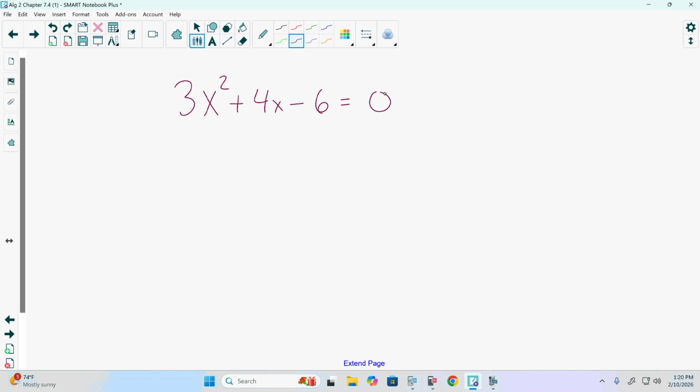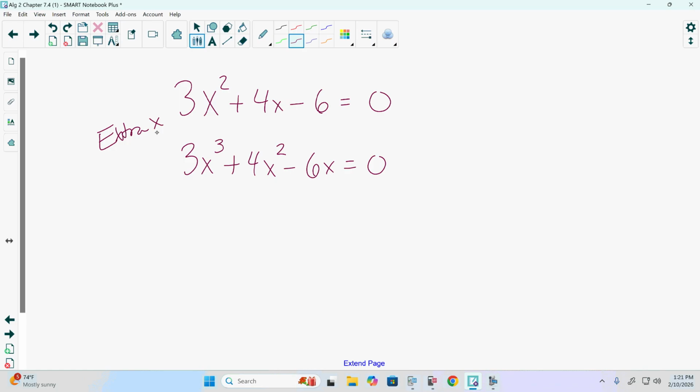But if we added an extra factor of just x, and that's just an extra x, no plus 1s, I've now made it a cubic, which isn't too hard to solve. We factor that out.